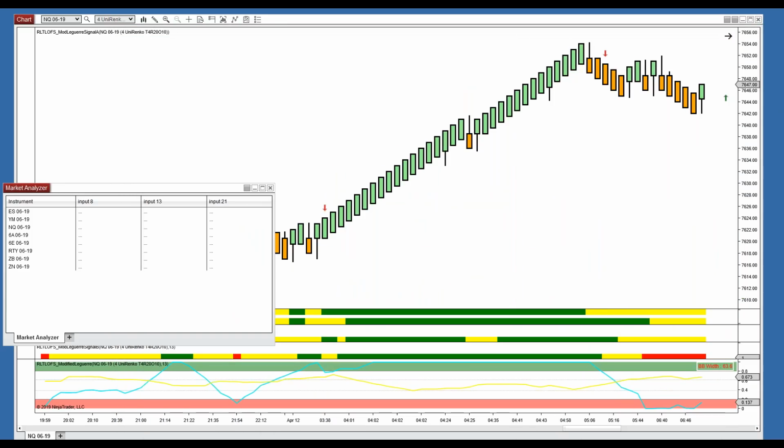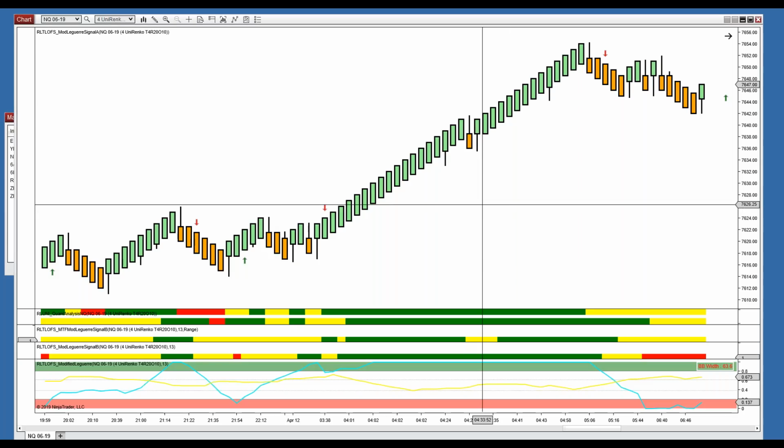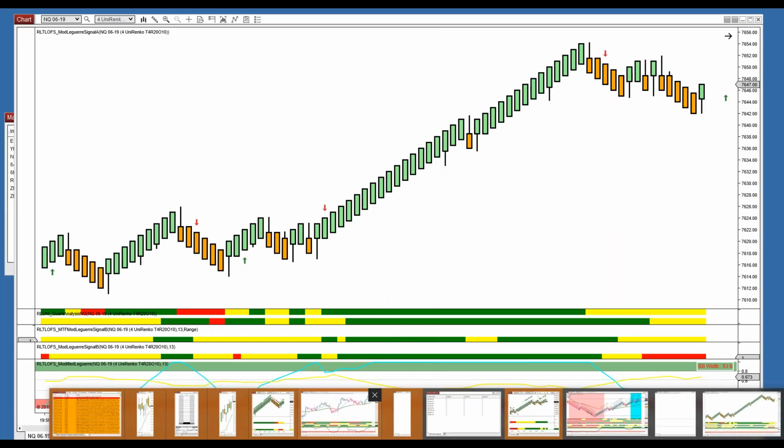Now, unlike other analyzers too, you see we have input 8, input 13, and input 21. And you know what? The reason it's not functioning is because I don't have the data feed hooked up. Let me hook it up really quickly. Let me get to the control panel, and then it's going to light up.